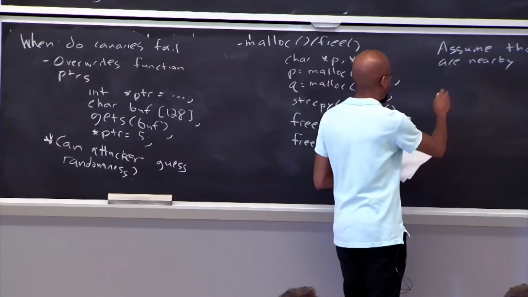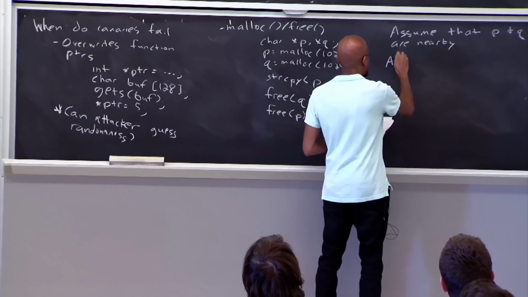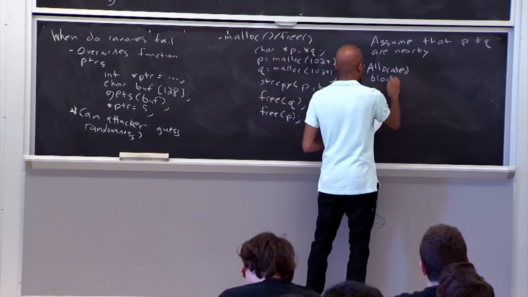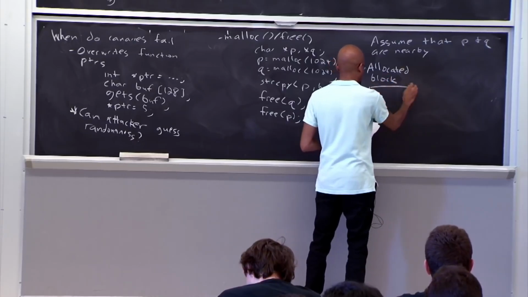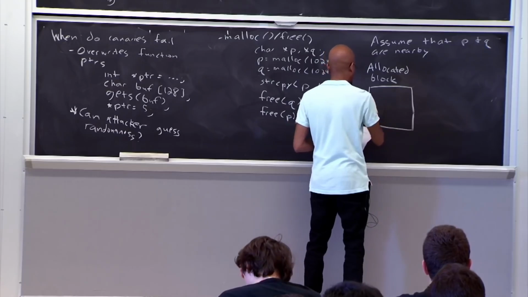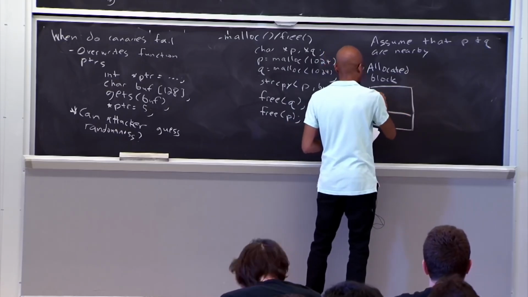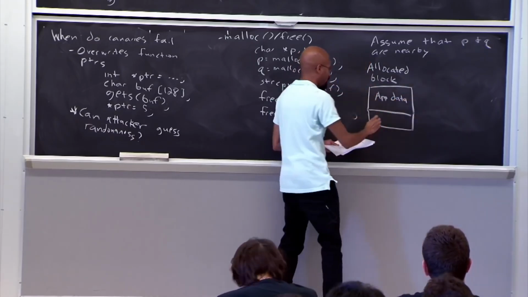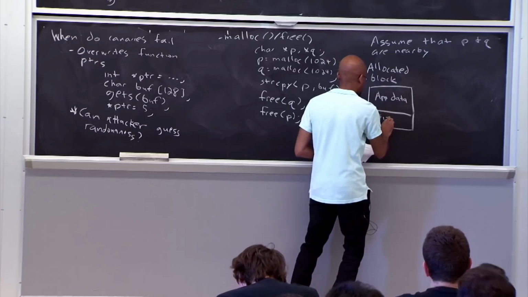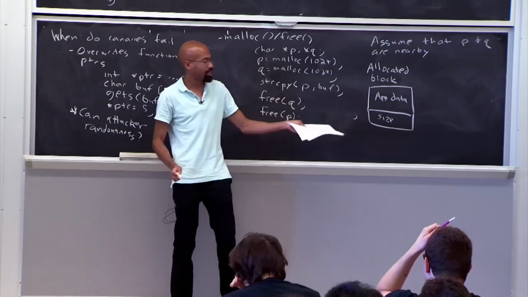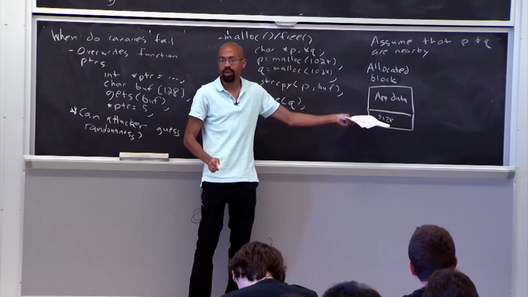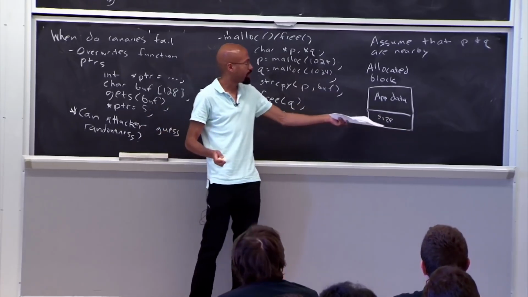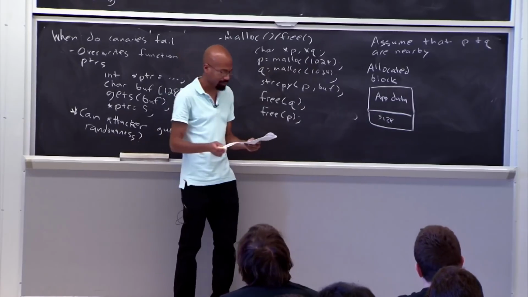So imagine that inside the implementation of free and malloc, an allocated block looks like this. There is the app-visible data that lives up here, and then you have a size variable down here. This is not something that the application sees directly, but it's bookkeeping info that the malloc and free system tracks, so it can know the sizes of the buffers that it allocated.